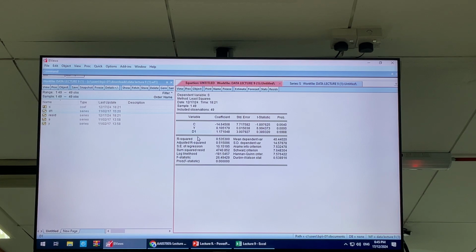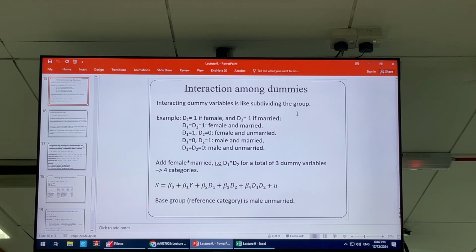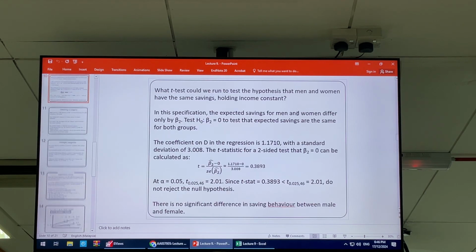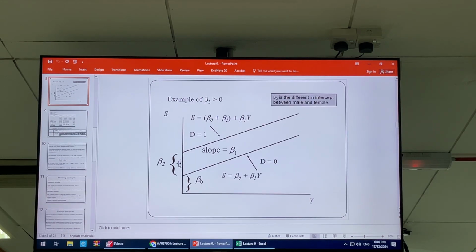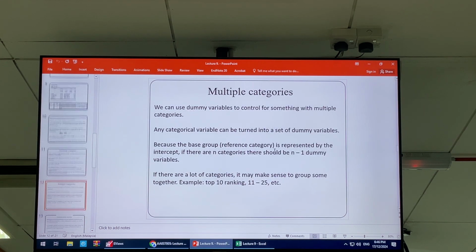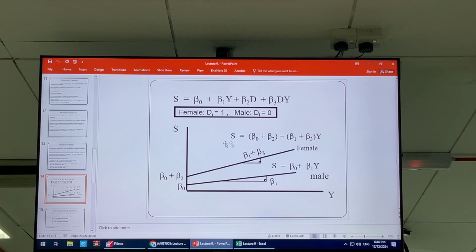Now, in order to allow both intercept and slope to differ: in the previous example, the first example, we only allowed the intercept to be different and the slope to be the same, beta 1. But in the second example, we allow both the intercept to be different as well as the slope.